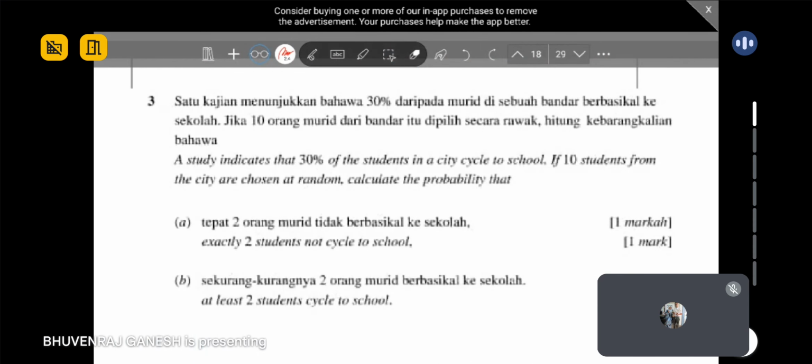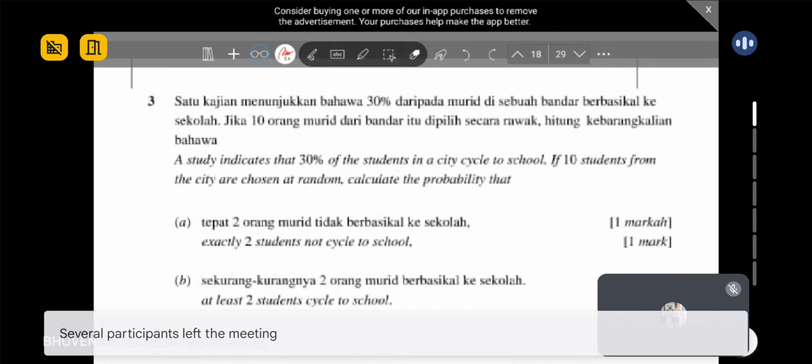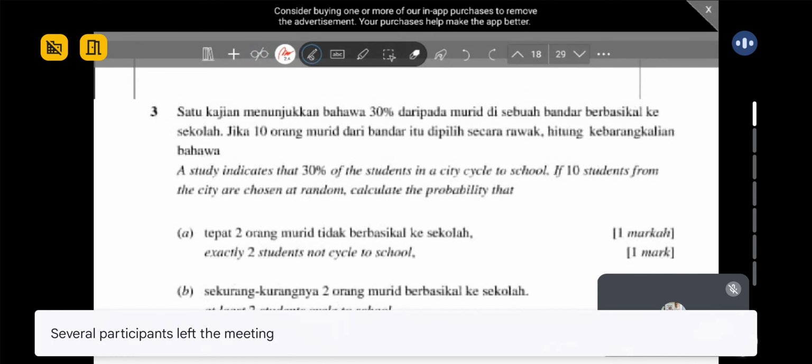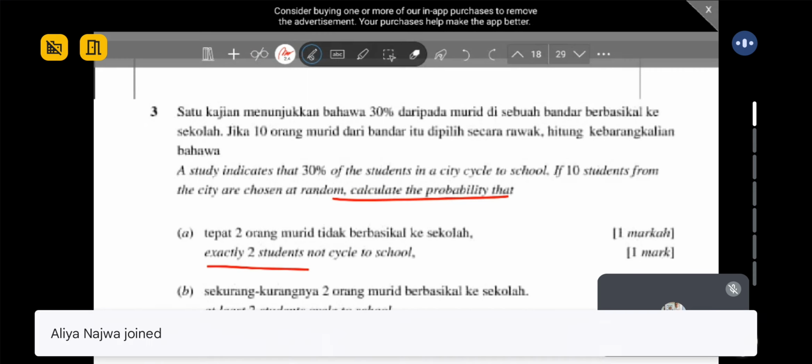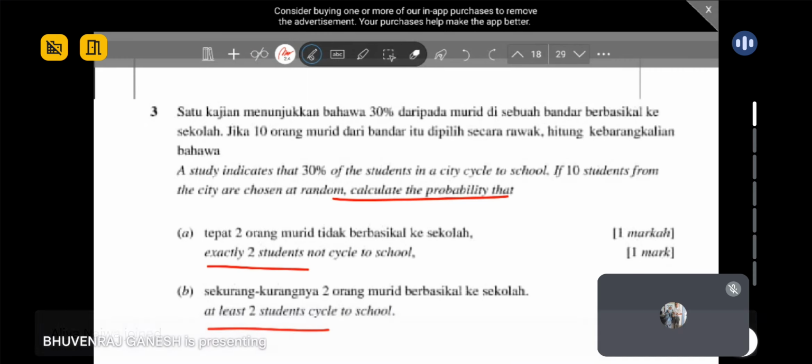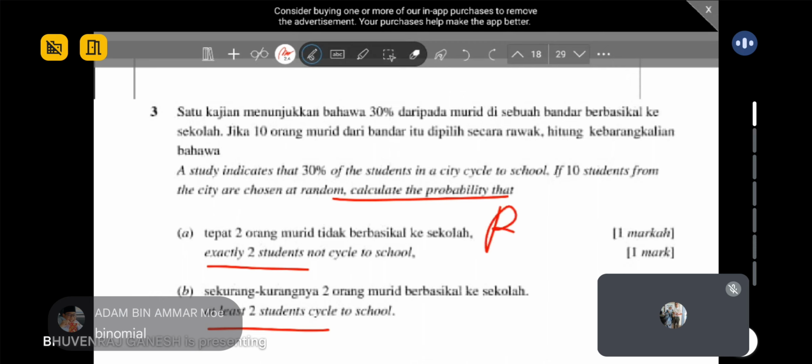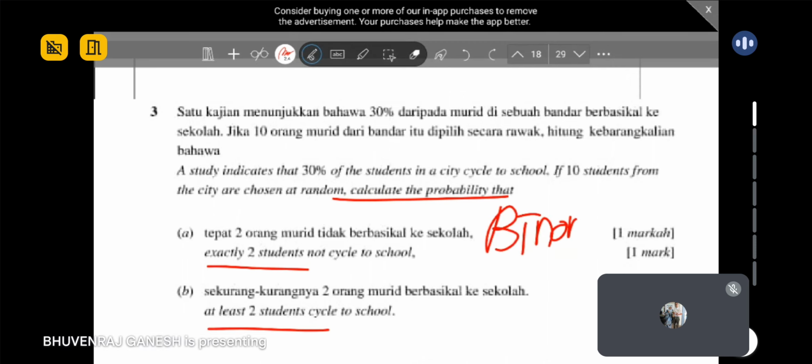Soalan ketiga. Okay, so question 3 is testing on probability, kebarangkalian. Okay, so guys, if you see this question, kamu nampak soalan ni binomial or normal? Tell me. Yang ni mana? Binomial atau normal? Yes. Okay, you can see the structure of the question. It is binomial.